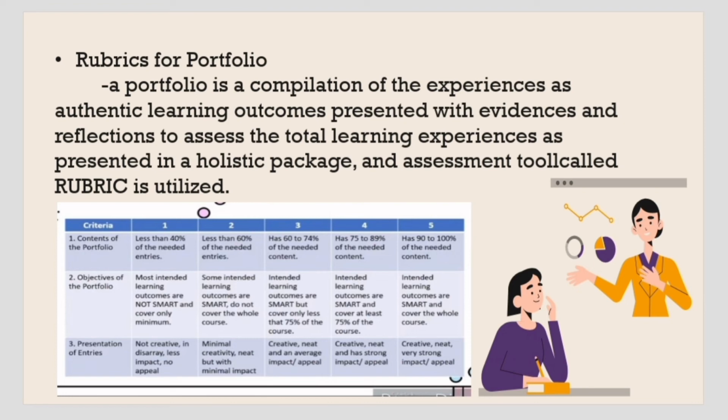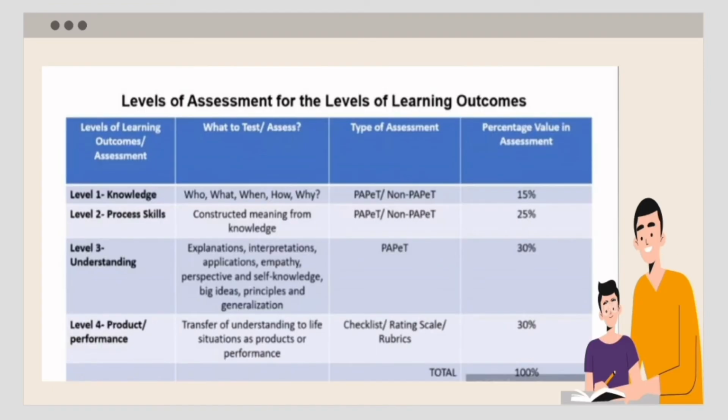In this example, there are only 3 criteria. As you can see, there are descriptions and numerical values for each criterion. Levels of assessment: it describes the levels of learning outcomes, which are knowledge, process or skills, understanding, and products or performance.